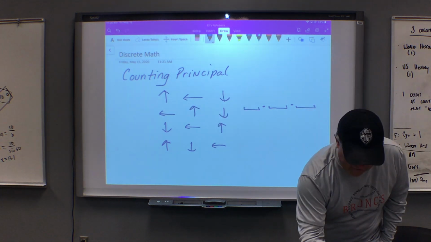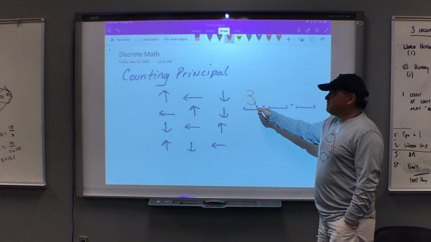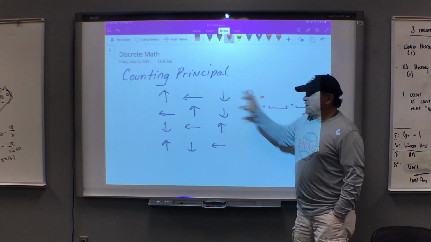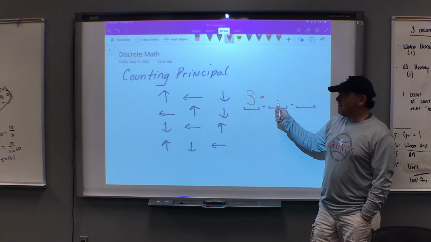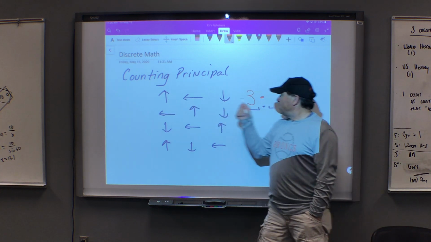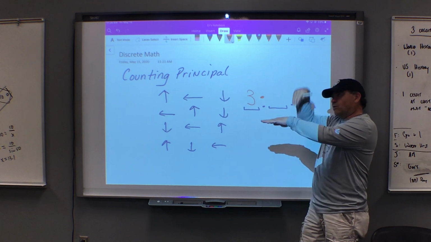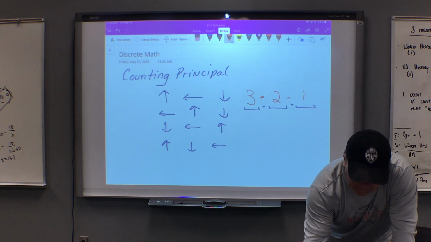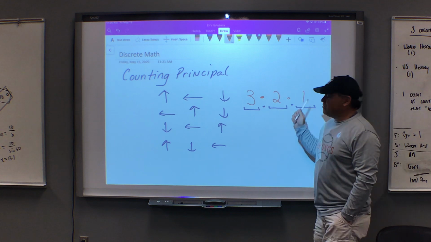So we have 3 options multiplied by, well, you picked one and dropped it in there, so now you have 2 options left. Say I put the up arrow in. That means for the next option I could go with either the left arrow or the down arrow. I have 2 options there, which means here I've got 1 option. So I'm looking at 3 times 2 times 1.